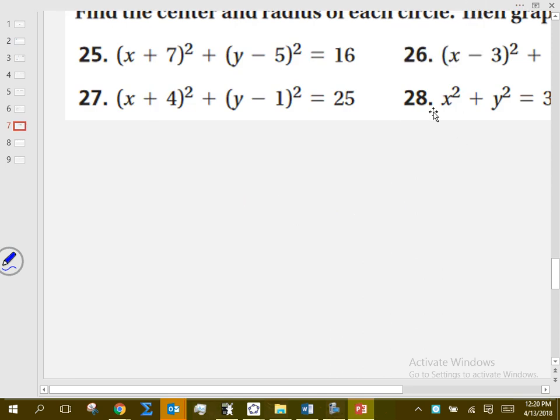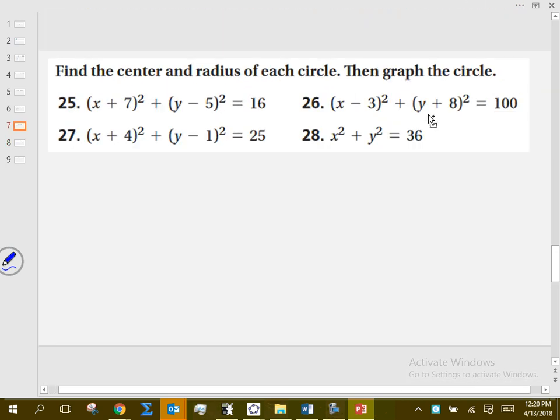So then they start asking you, can you go in reverse order? If I look at question number 25 there, can we figure out what the center is? What would the center be in this question? -7, 5. Okay.